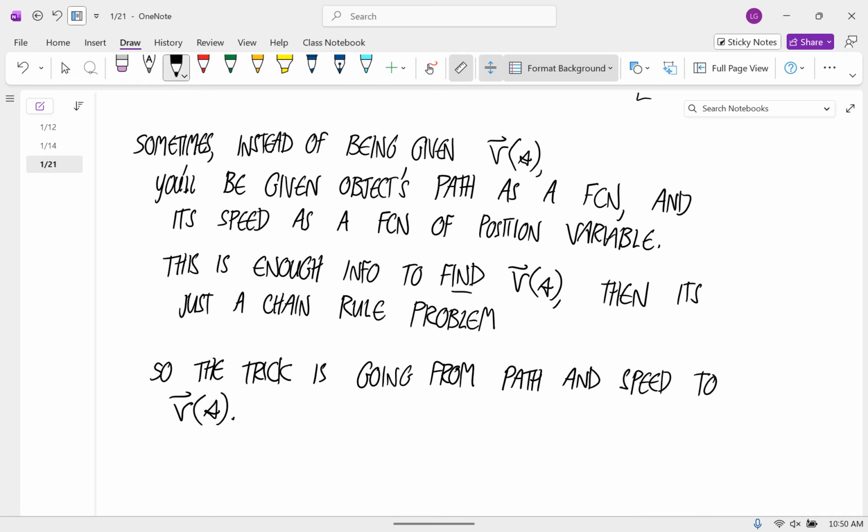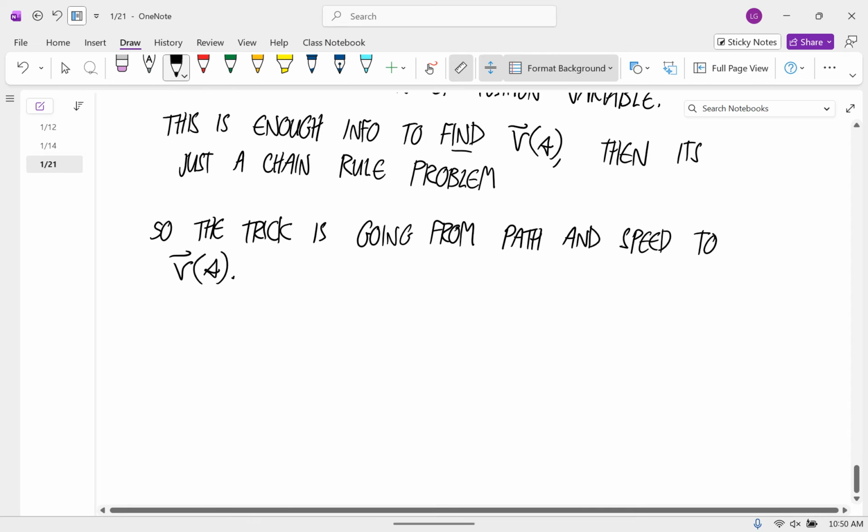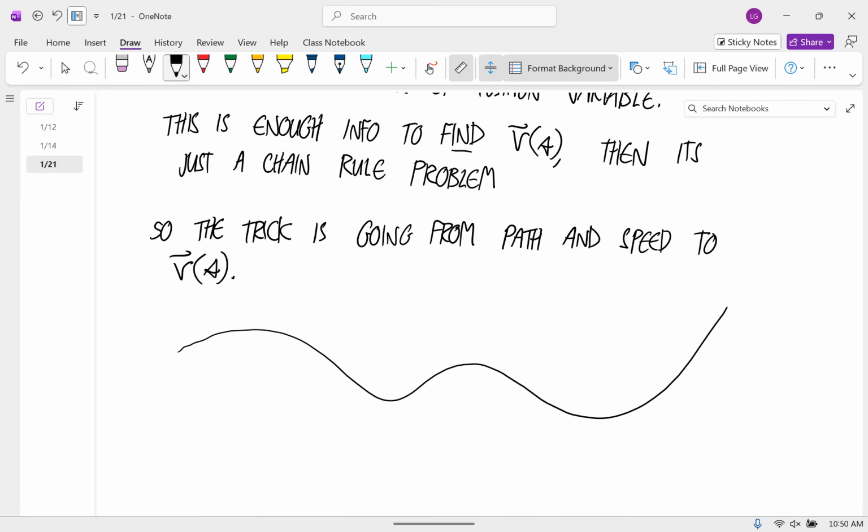So here's the approach we're going to take. Say this is the path that the object is on. And let's say that the object is moving from the right to the left.